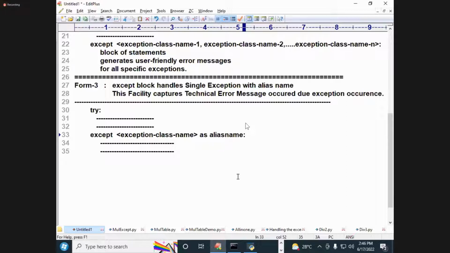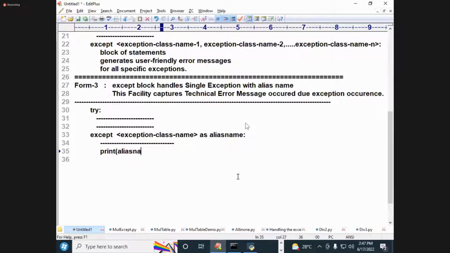Okay, students, give the example. Because of this alias name, the alias name captures the error message occurring due to what? Exception occurrence. Here I will print it. Print of what name? Alias name.